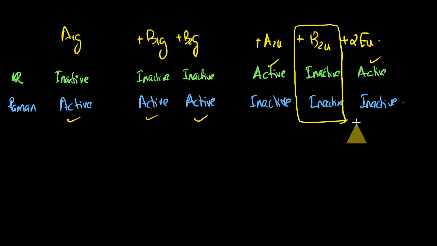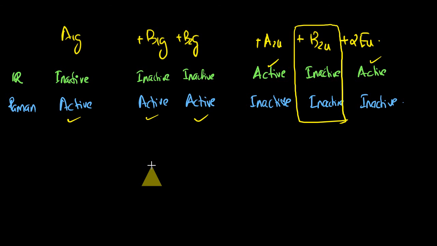What is this actually? You have seen this as the mutual exclusion principle, right? From the mutual exclusion principle, for those compounds which contain an inversion center, Raman active vibrations will be IR inactive, and IR active vibrations will be Raman inactive.